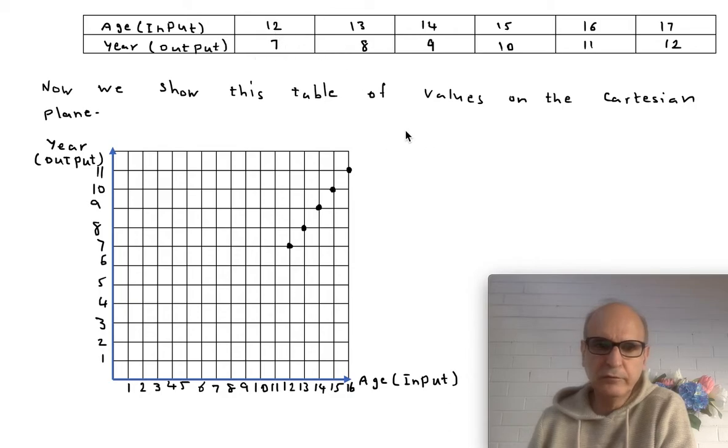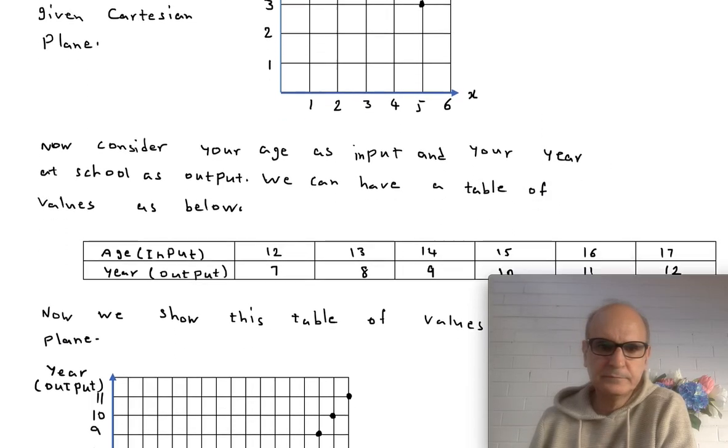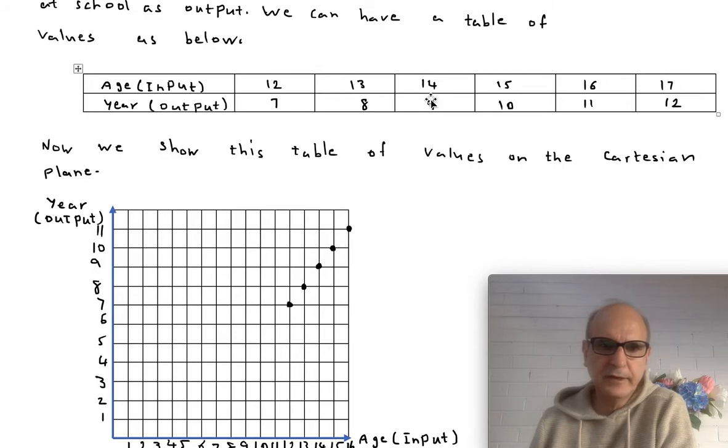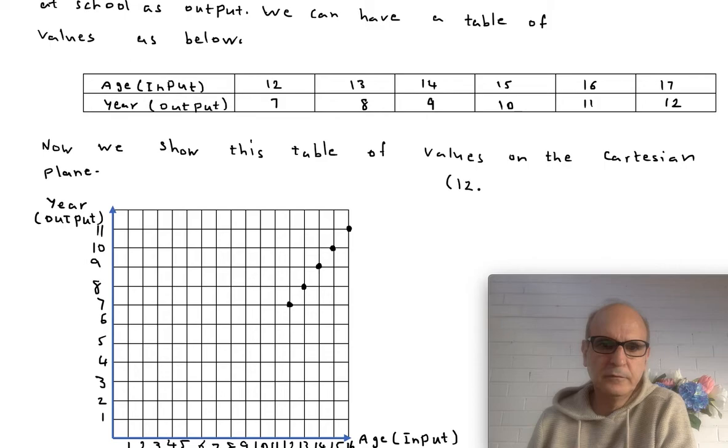If you are more comfortable, you can also write them in this form. That point 12 and 7 can be written as (12, 7). This is the same as these two values. And 13 and 8, you can write as (13, 8).